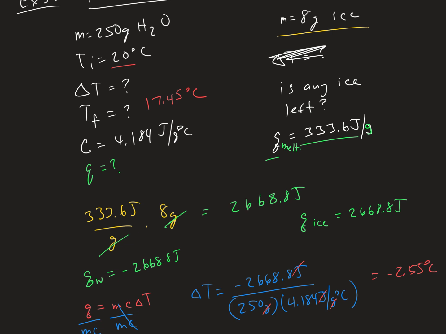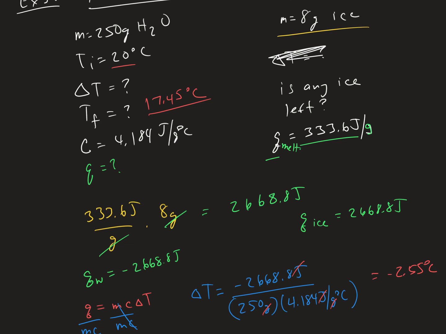We solved it assuming that there's not going to be any ice left. But what temperature did we get? Above freezing point. So do we have any ice left? No. If that was a negative temperature, then it wouldn't melt all the way.